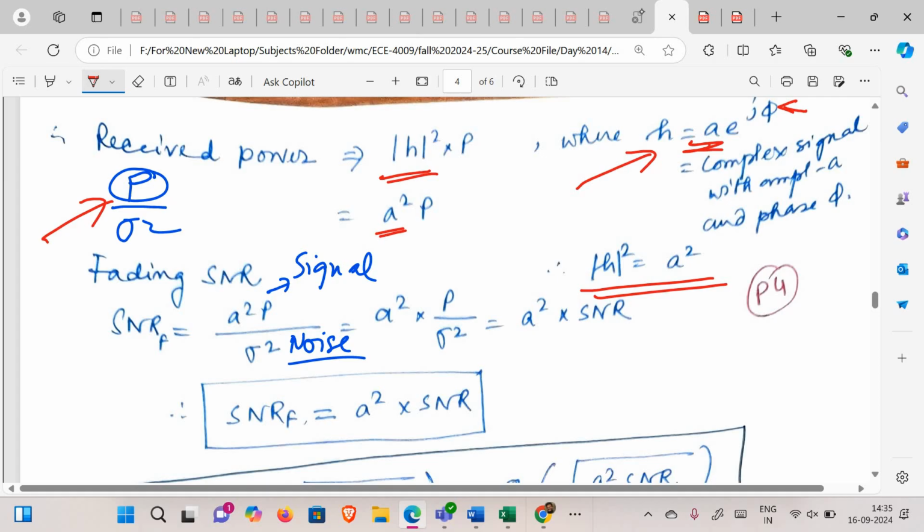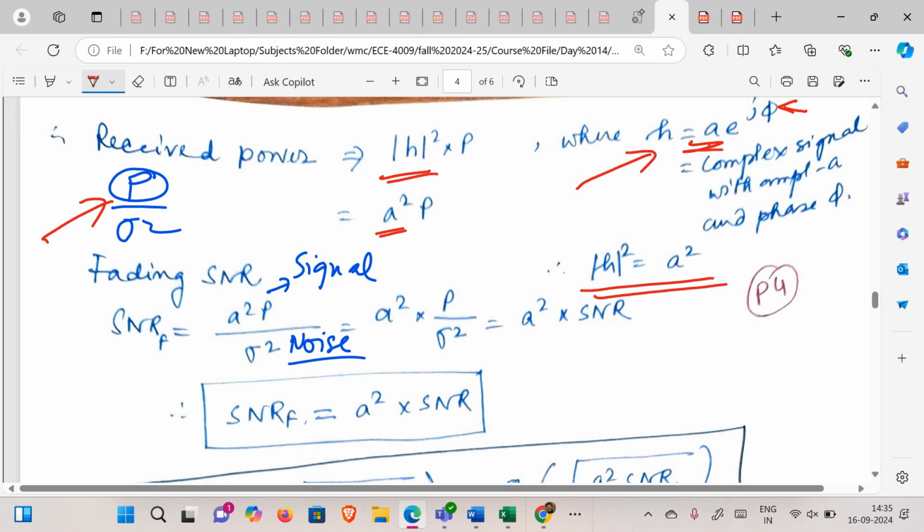So now my SNR value will not be P by sigma square, but it should be A square P by sigma square. Again, I am telling you repeatedly, these are not all required. The final destination is required for you, but this is how we establish it. So you should know at least. Okay. So A square P by sigma square.